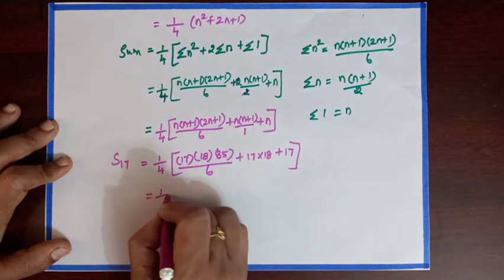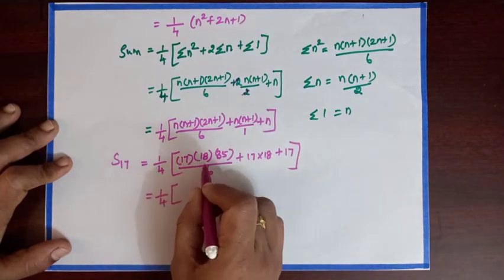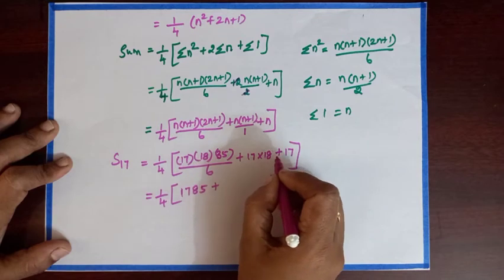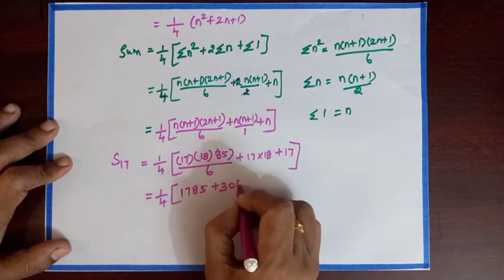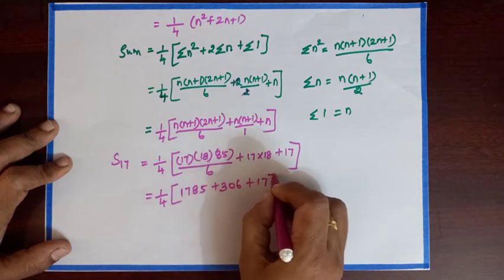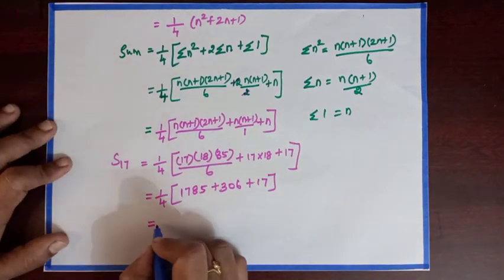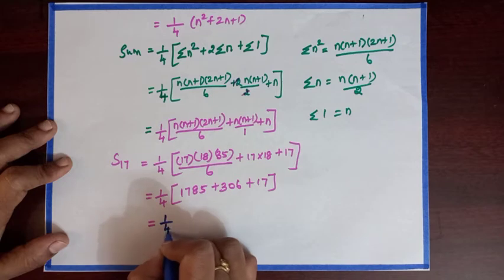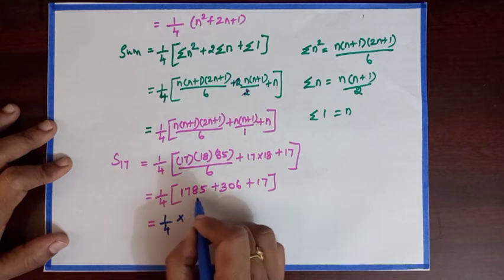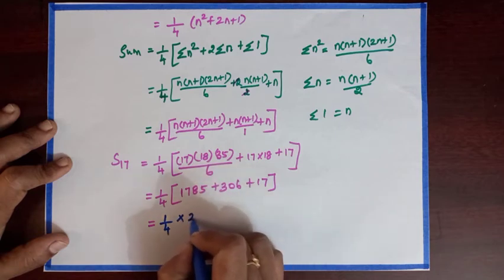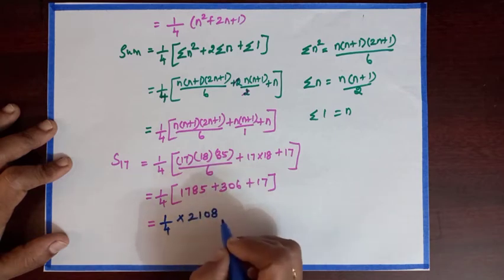Is equal to 1 by 4 into 17 into 18 into 35 is 1785, plus 17 into 18 is 306, plus 17, which is equal to 1 by 4 into 1785 plus 306 plus 17 is equal to 2108.